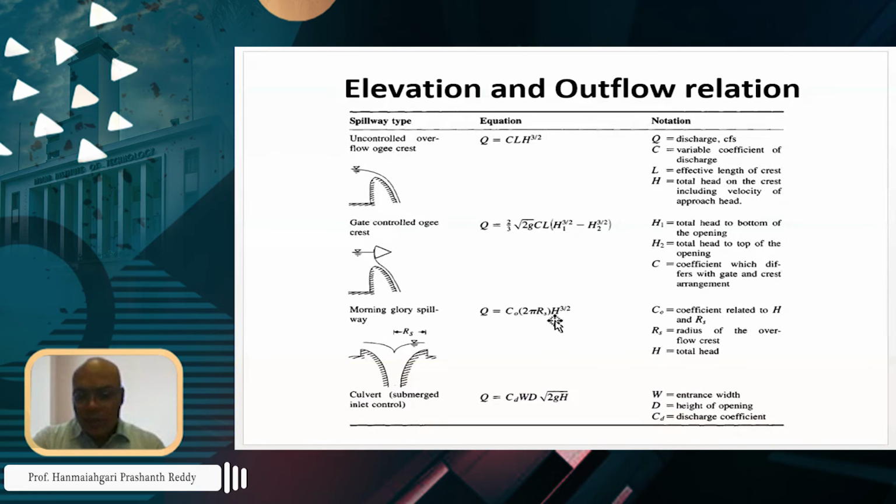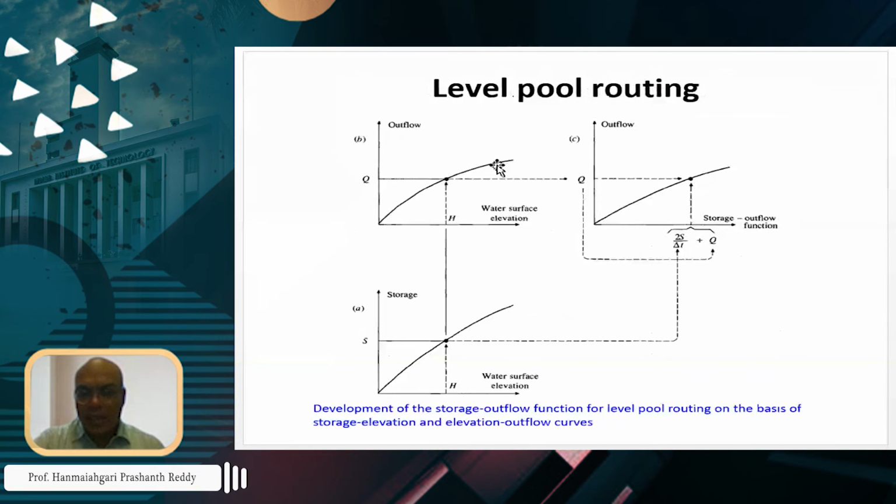Okay, so for the morning glory spillway, this is the equation. So what do all these figures represent? There is a relationship between outflow and the water depth in the reservoir. So using these relations, we can get this plot between Q and H.